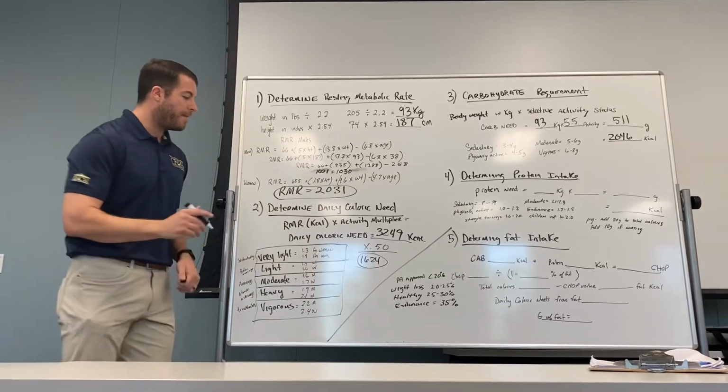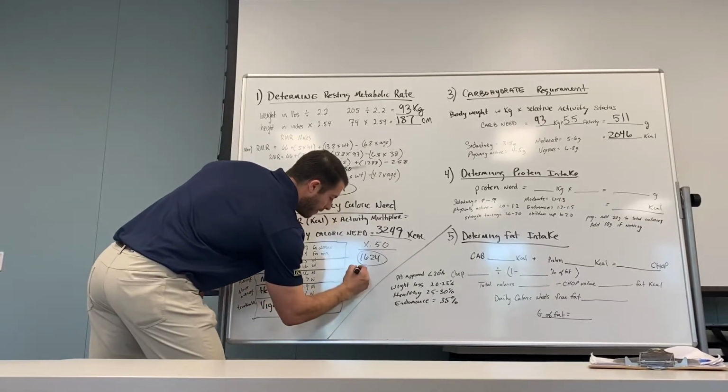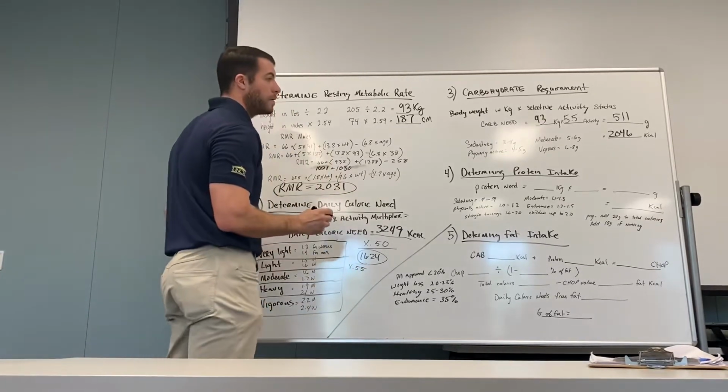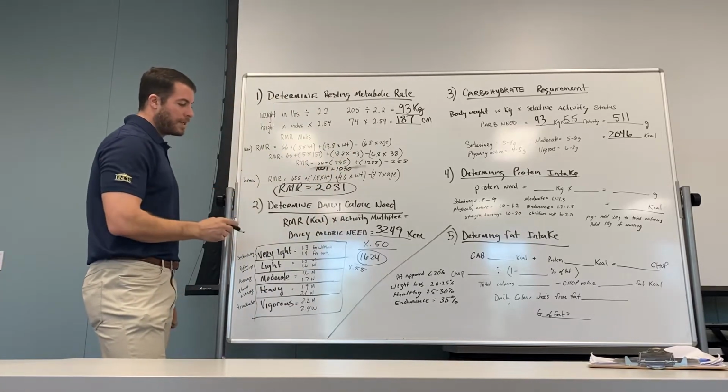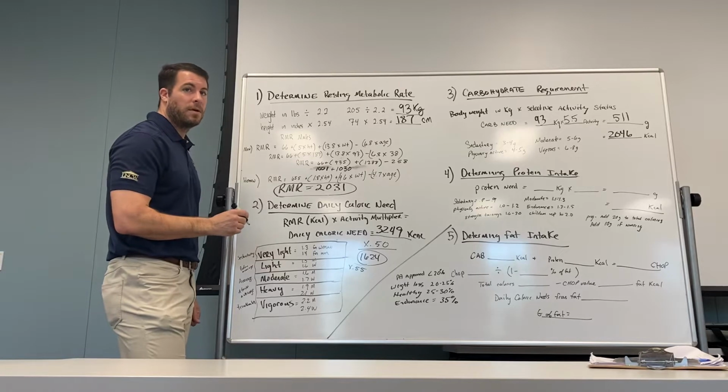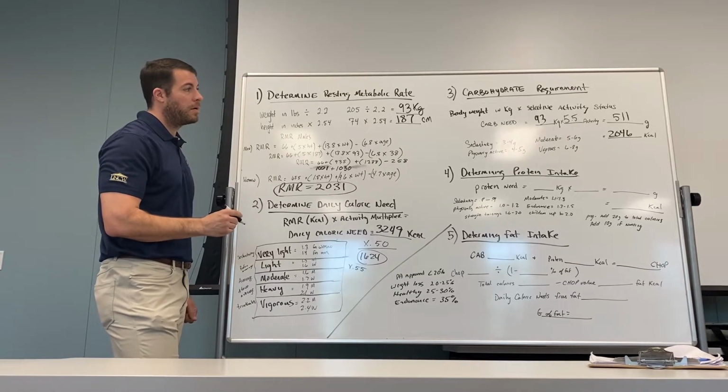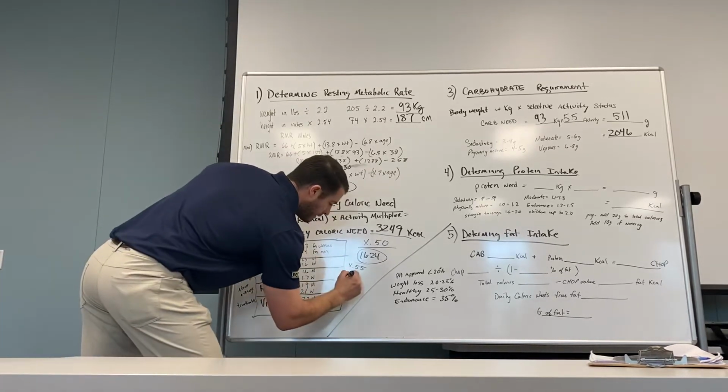What about 0.55? What is it when we do 0.55? So 3249 times 0.55. 1786.